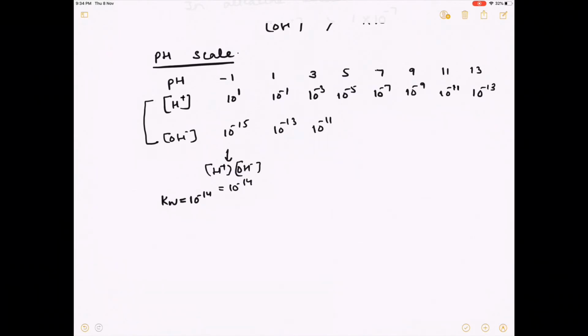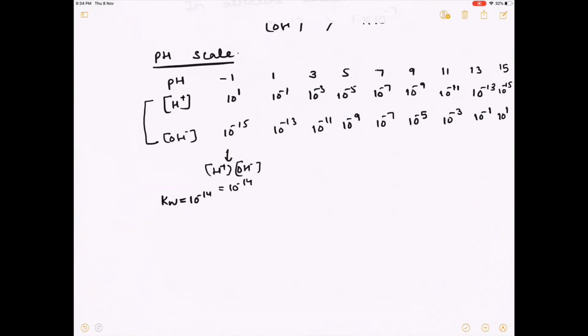So here when it's minus 5, this will be minus 9, minus 7 here, minus 5 here, minus 3 here, 10 to the power minus 1 here. Then if you have 15, you will have 10 to the power minus 15 here and 10 to the power 1 here. This is about pH.